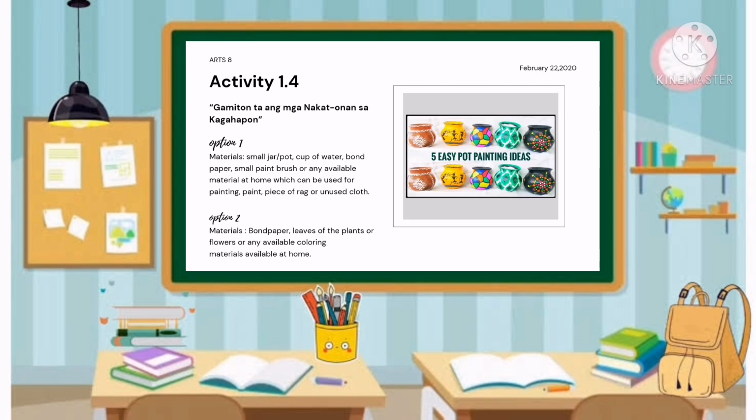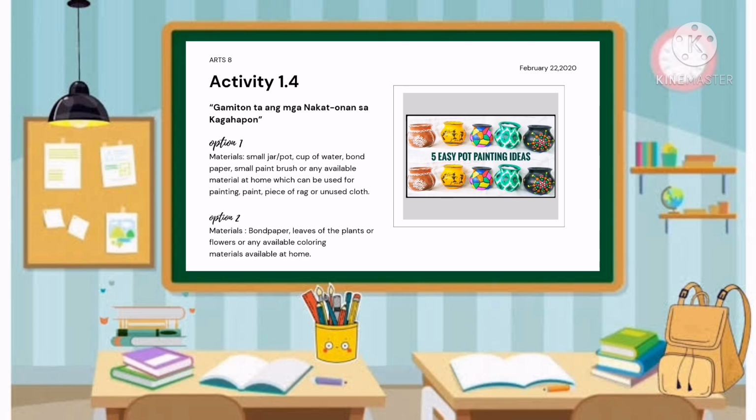For our last activity, this is Activity 1.4 entitled Gamiton ta ang mga nakatunan sa kagahapon. Using the East Asian painting subjects, draw the design on your pot or jar or on a clean sheet of paper using pencil. You have two options for this.